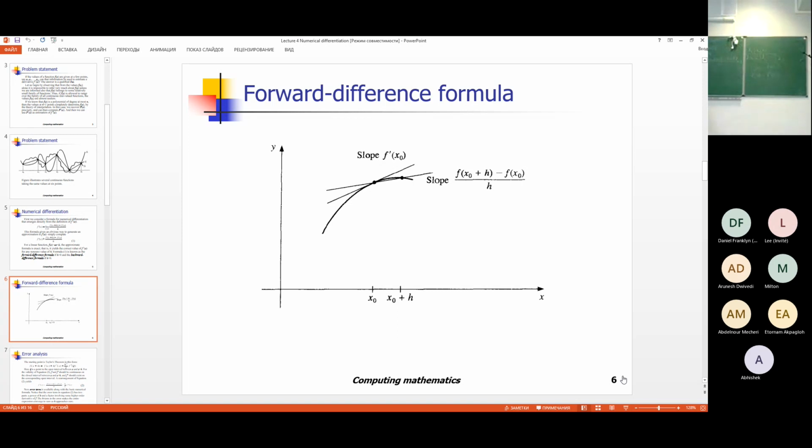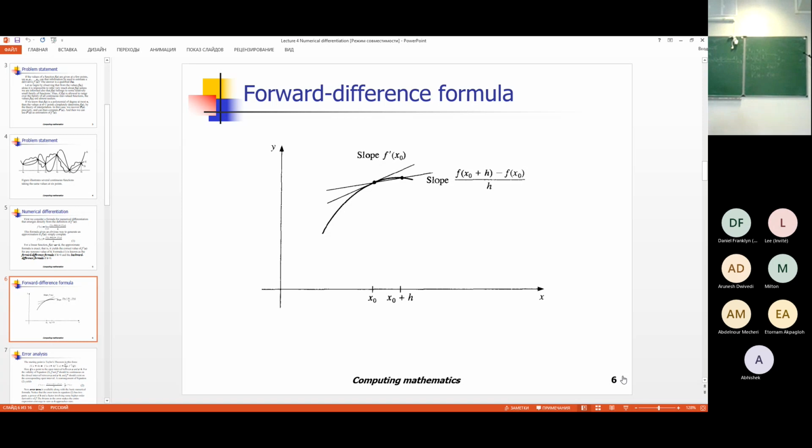Let's take the very simple function x power 3. Let's take x0 equals 1.